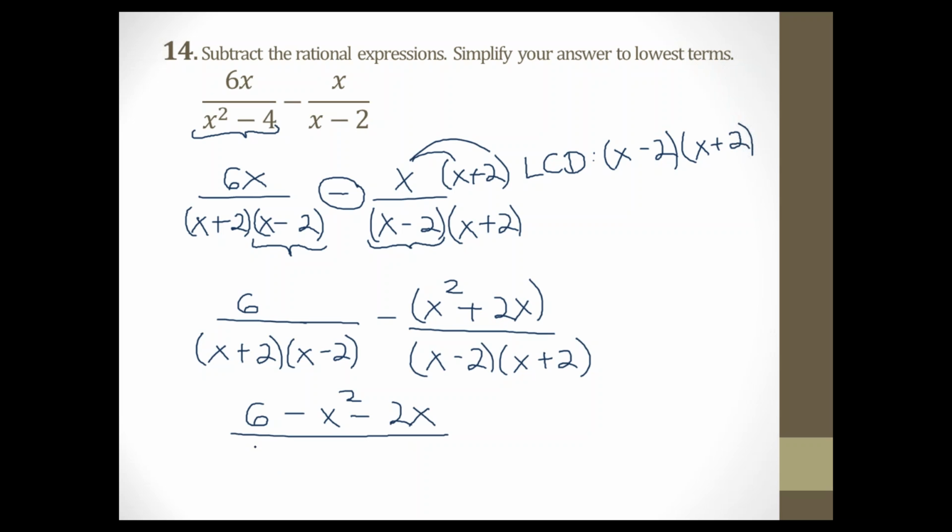My least common denominator is the same, and I can actually FOIL it back together, and I know what that is because I started off with it in the beginning, so I don't need to do the actual FOILing. That would be x squared minus 4. And then I can continue simplifying the numerator.